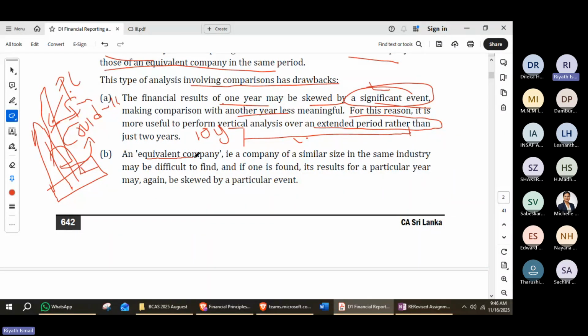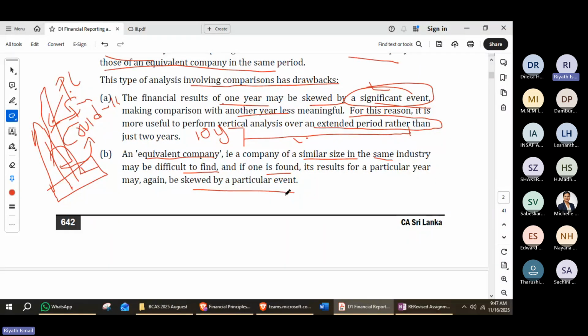An equivalent company, that is a company of a similar size in the same industry, may be difficult to find. And if one is found, the result of a particular year may again be skewed by a particular event. For example, Ceylon Tobacco Company, right?